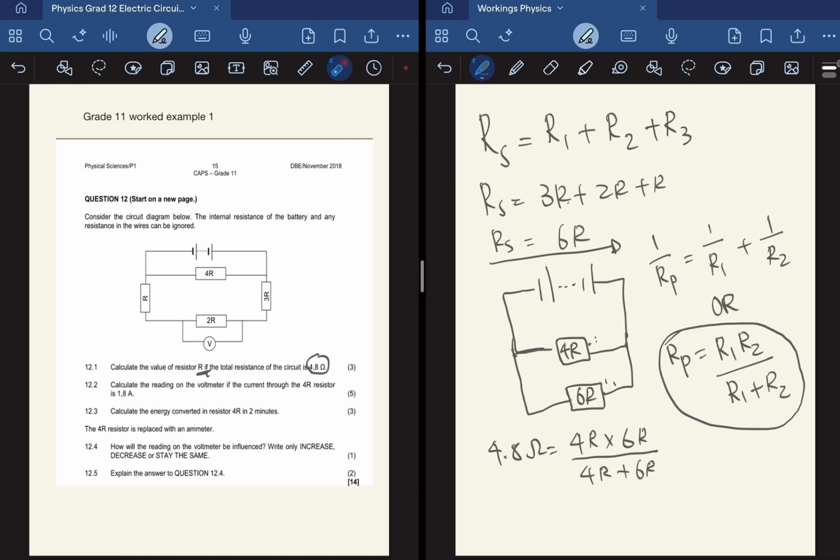And from here on, it is just mathematics. You will cross multiply. This is almost like it's over 1. 4.8 times 4R plus 6R, that's 10R, is equal to 24R squared. And then you can divide both sides by 10R.